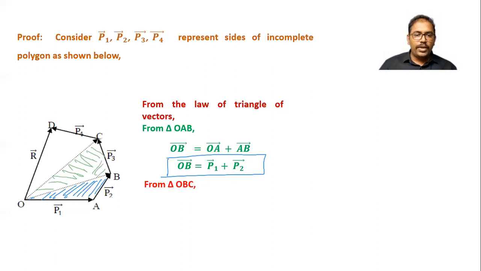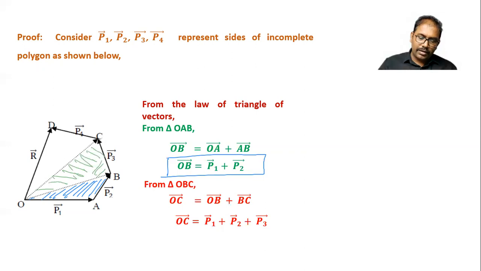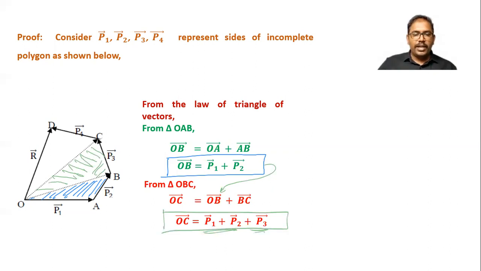By this triangle OBC, we can write OC bar is equal to OB plus BC bar. Then for OB, we can write here P1 plus P2, and this BC is represented by P3. So we get this OC bar. In a similar manner, from triangle OCD, you can see the remaining triangle now.